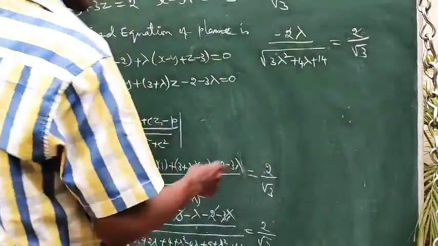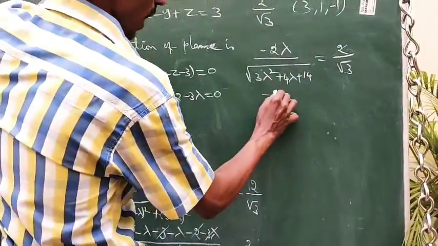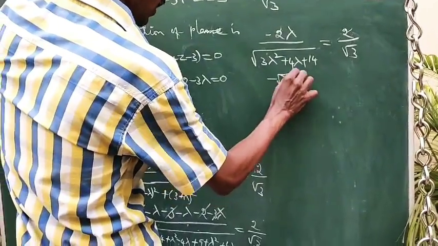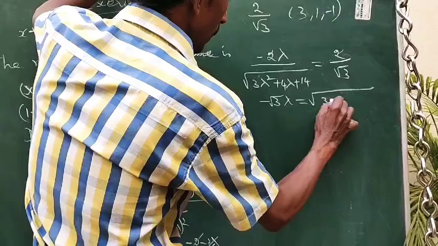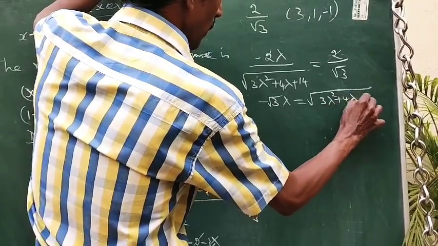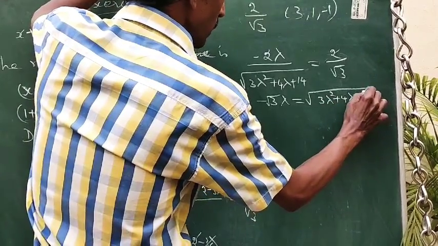So 2 cancels, and cross multiply: minus 3 root 3 lambda equal to square root of 3 lambda square plus 4 lambda plus 14.